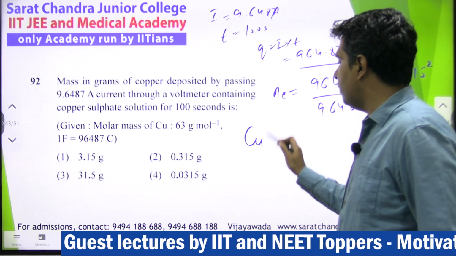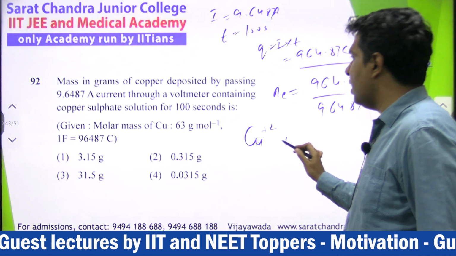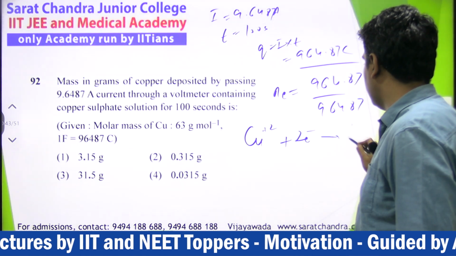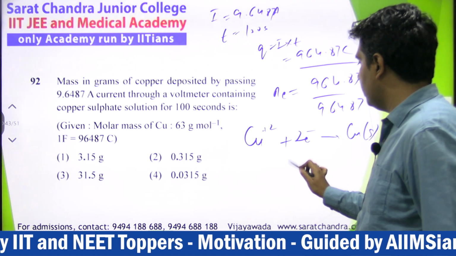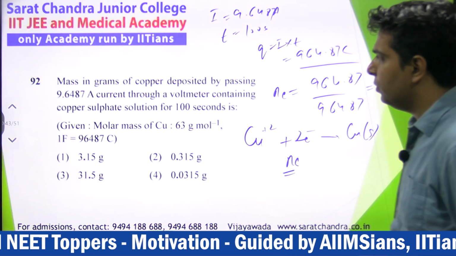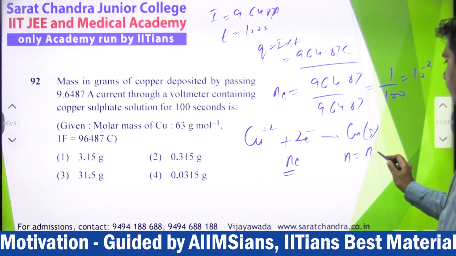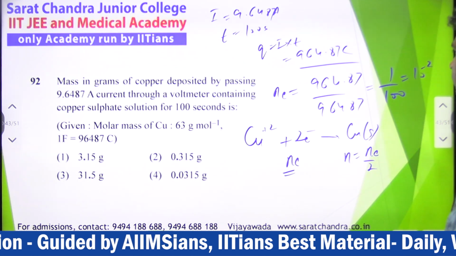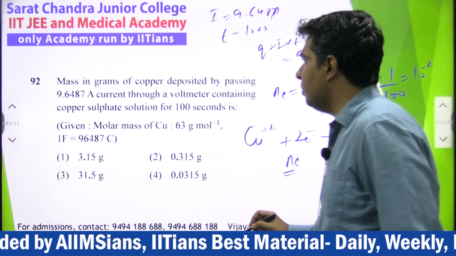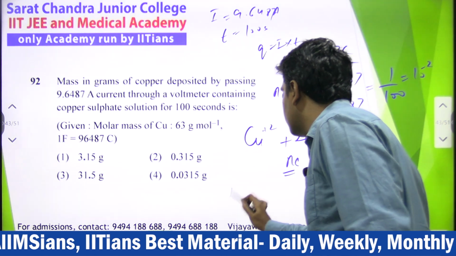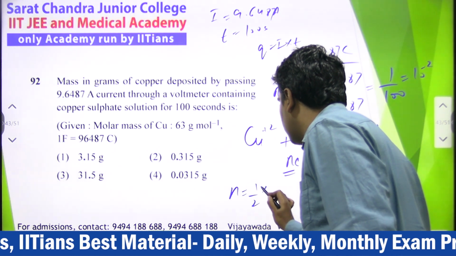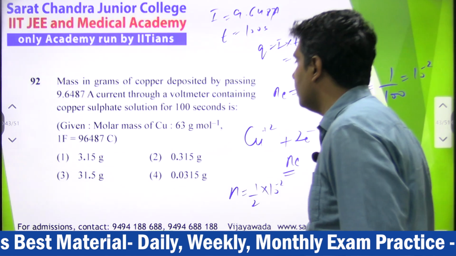So copper 2 plus ion will take 2 moles of electron and copper solid will be deposited. So number of moles of electron we know that are passed. So number of moles of copper will be half the number of moles of electron. So number of moles of copper will be how much? That is half the number of moles of electron.